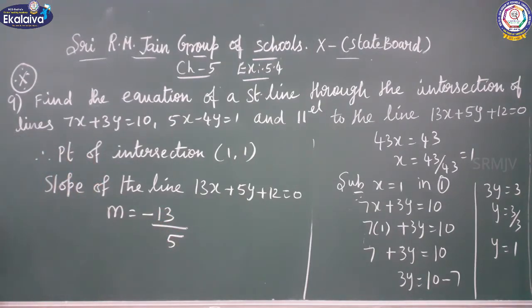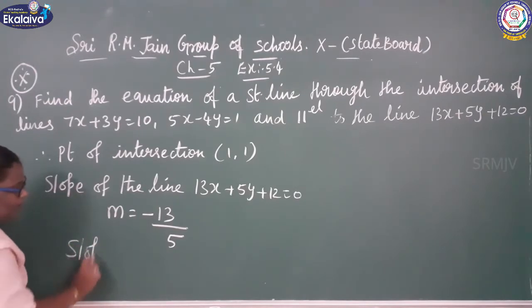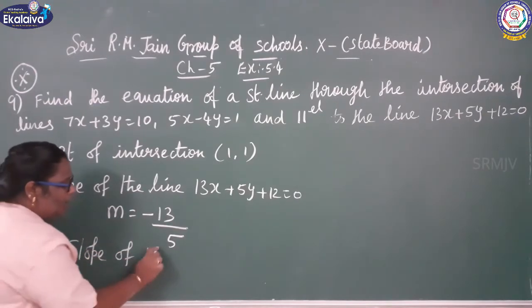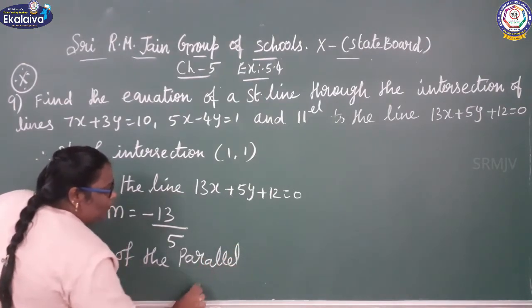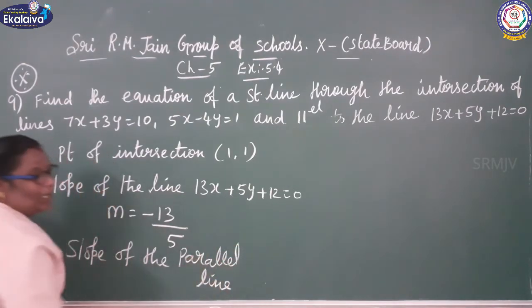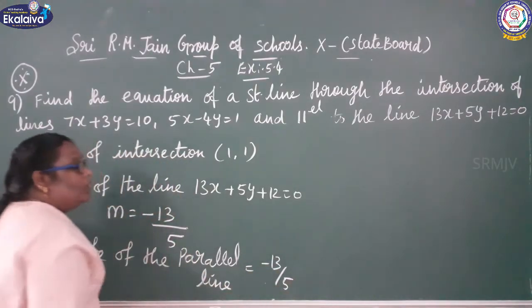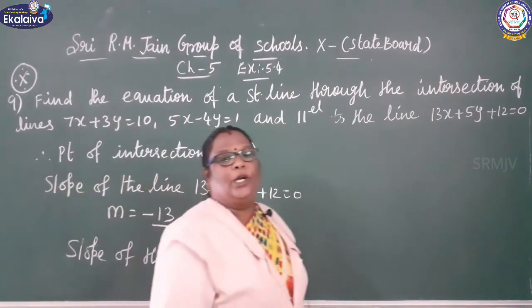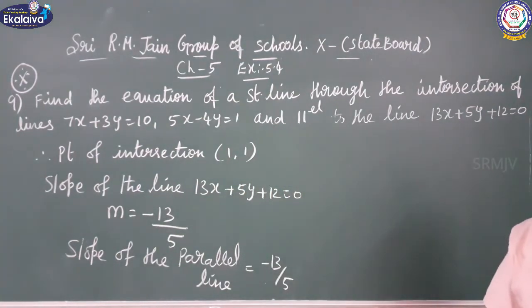So the slope of the parallel line is minus 13 by 5. If it is given as perpendicular, you take minus 1 by m. If it is parallel, you write the m value as it is.